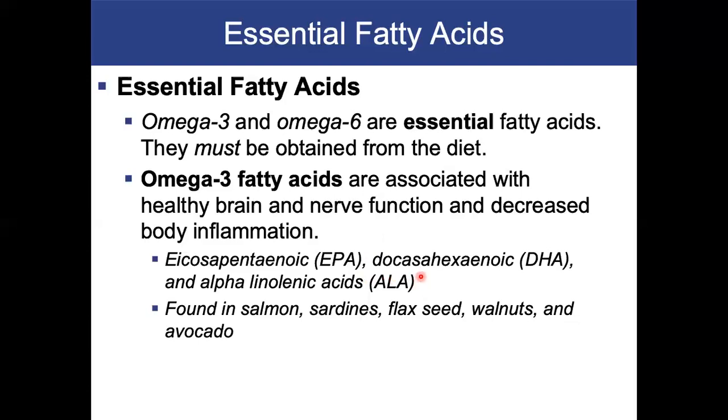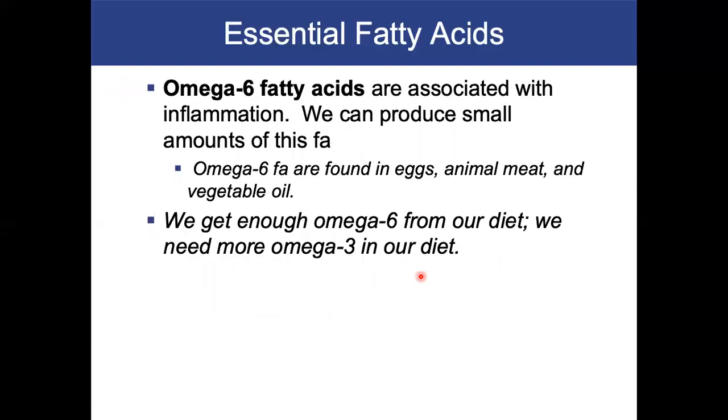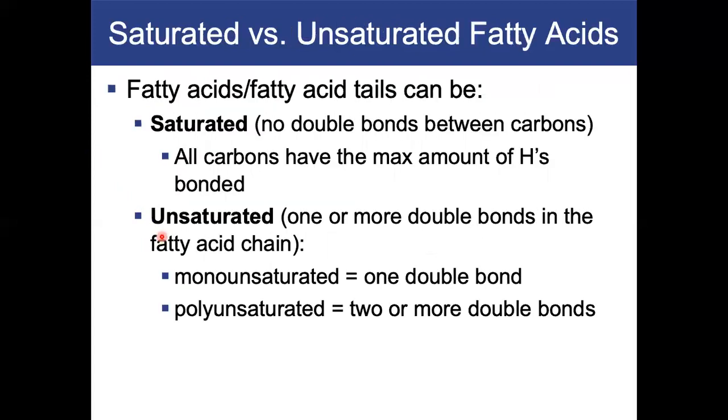So if you're vegan, you just have to be aware of what types of foods have which omega-3 fatty acids. Okay, omega-6 fatty acids are found primarily in animal meat. Excess of these is associated with inflammation. We get enough omega-6 from our Western diet. We need to get more omega-3 in our diet for Western civilization, for Americans.